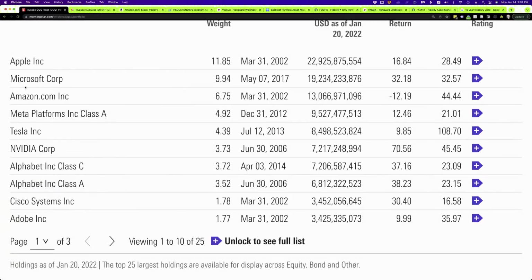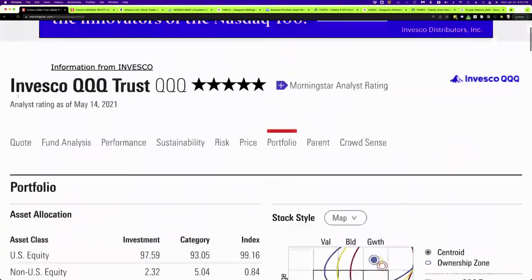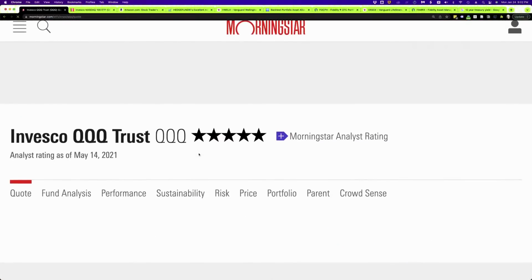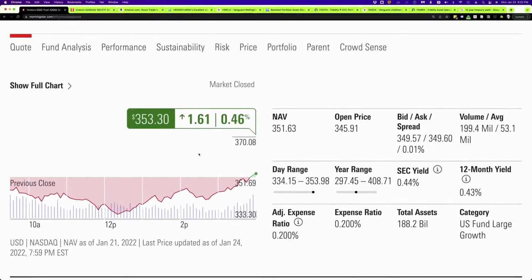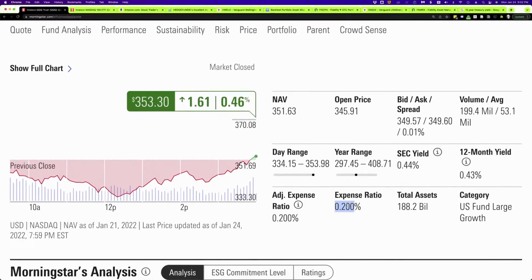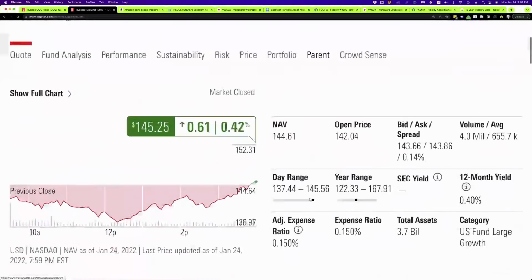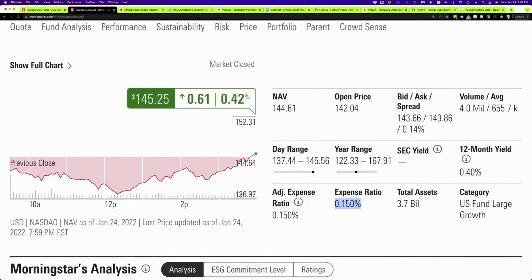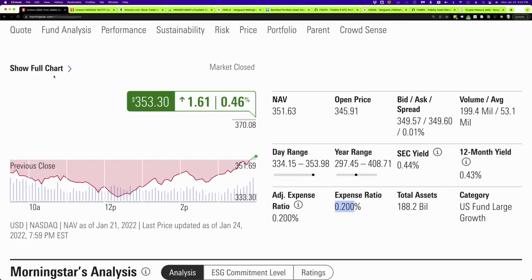Go to the quote page. I think one is cheaper. Am I right about that? I've never owned either. The expense ratio for QQQ is 20 bips. This one is 15. I don't know why that is.